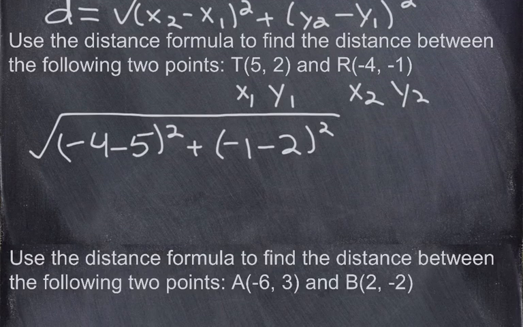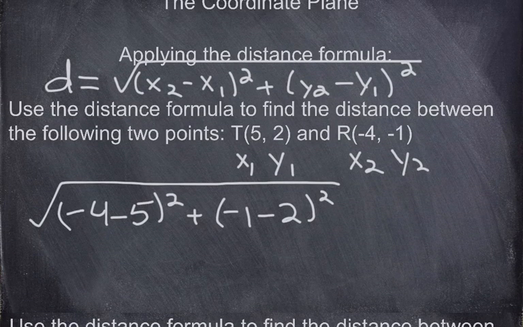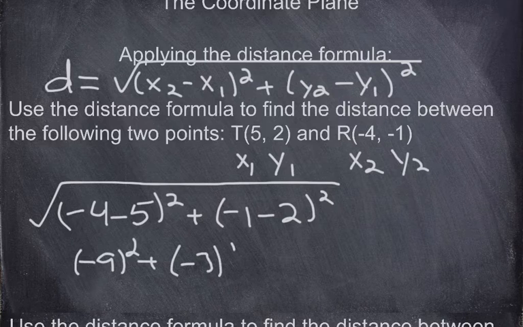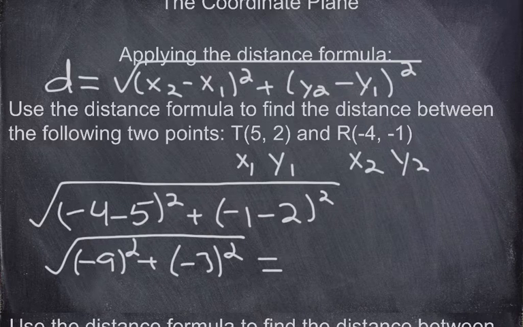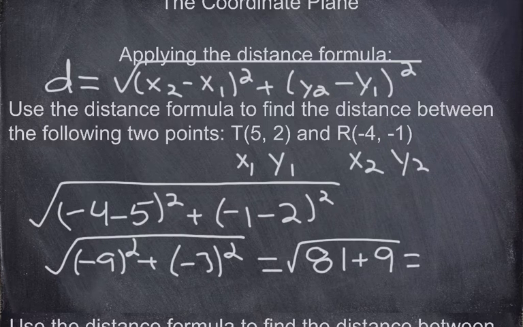The biggest thing to remember is that this is going to give us negative 9, and whenever you square a negative, if it's a real number, you end up with a positive. So negative 9 times negative 9 is 81, plus negative 3 squared, which is 9. So that would be the square root of 90.